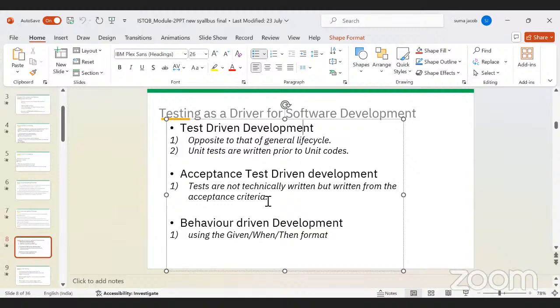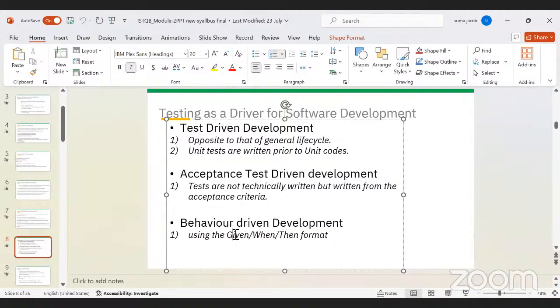So finally, we have behavior-driven development. First we discussed the technically written one, that is test-driven development, and then we have the technical phasing, the second is business phasing, and the third is requirement phasing.